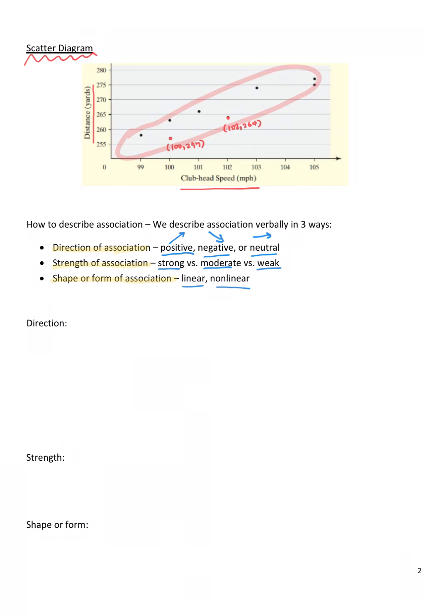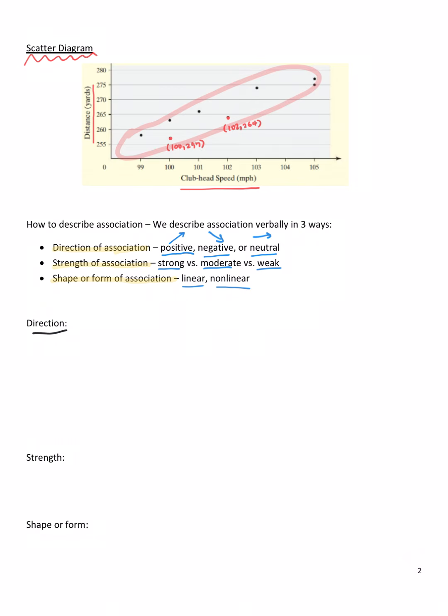Now, when we talk about the direction of association, we're referring to the notion that if the value of one variable increases, the value of the other variable also increases. Or if the value of one variable increases, the value of the other variable decreases.